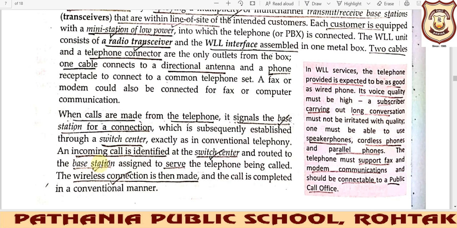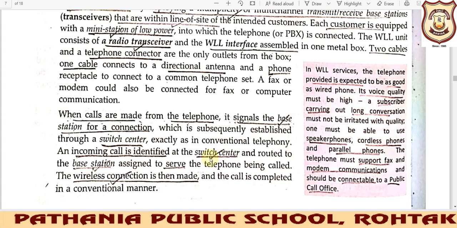The base station takes my signals, which are generated through my SIM. First it goes to the switching center of Idea. Then, if I want to get connected to my friend who holds a BSNL SIM, it will connect to the BSNL switching center. That BSNL switching center will send the signals to the BSNL base station, and the BSNL base station will connect to my friend's phone.